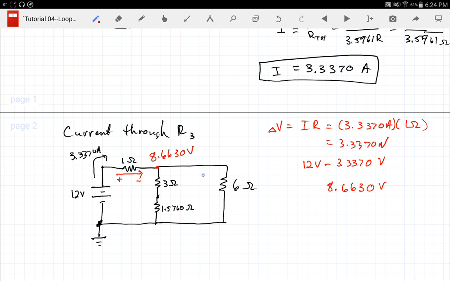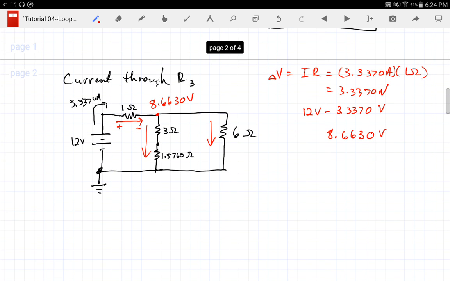Now there are two ways to go from here. I could calculate the current here and the current, and then get this current by using Kirchhoff's current law, or I can just do it the direct route, and I will do it the direct route. So I now have this I3 that goes through my 3 ohm resistor and the parallel group of R equivalent 1.